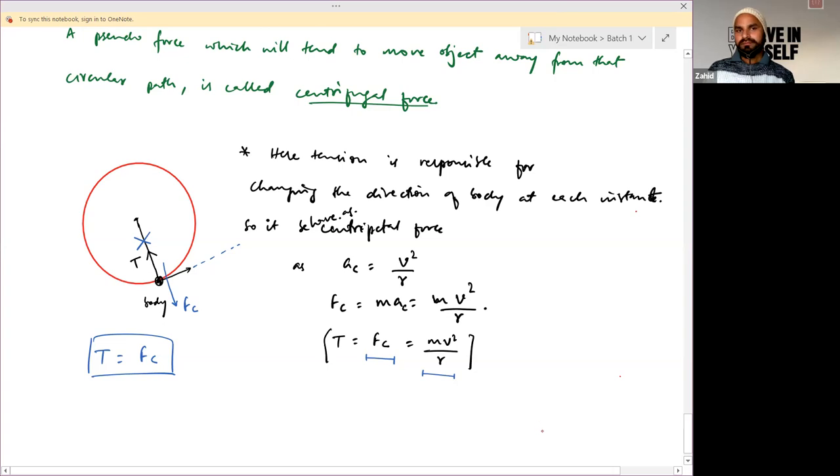Yeah. They differ only in the sense of direction. If the source is towards the center, it will be termed centripetal force. But in all senses, there will be a pseudo force which tends to move the body away from the circular path. That will be centrifugal. So it depends upon your choice whether you use centripetal or centrifugal.